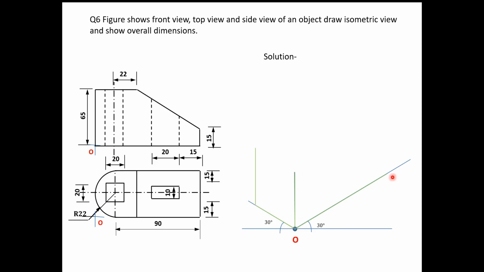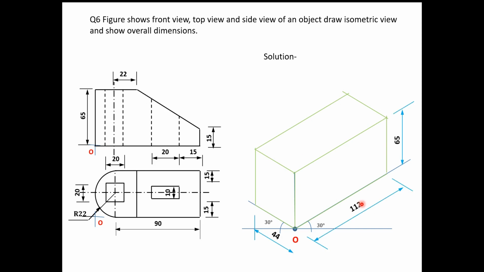Length is 112. So prepare the left isometric plane, right isometric plane, and the top isometric plane. In this way we have completed the isometric box having length 112, width 44 and height 65.